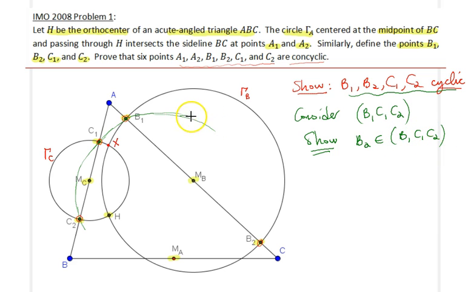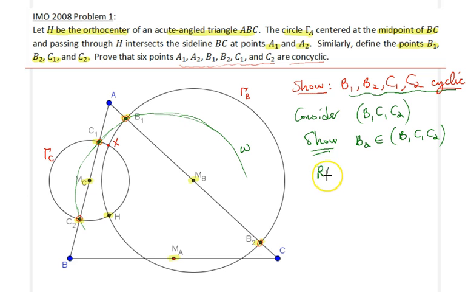Now that new circle, let's call it omega, that green circle. First of all, notice that the radical axis between omega and gamma C would be C1C2.